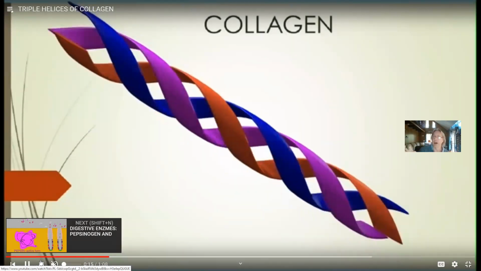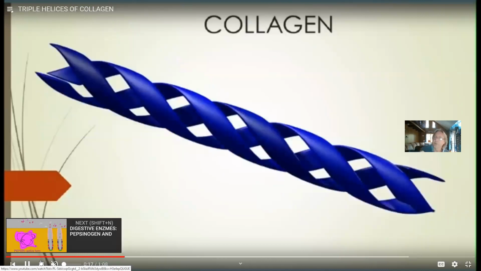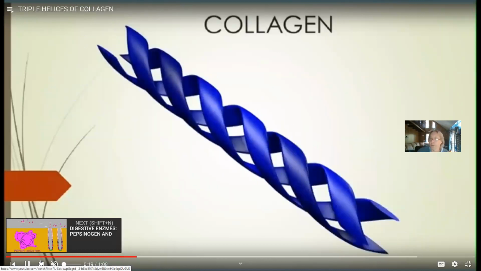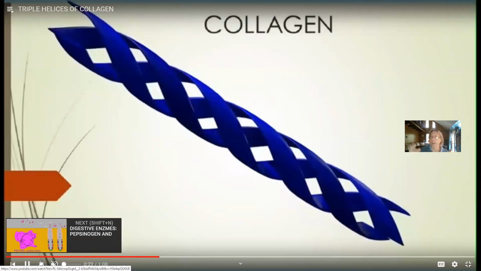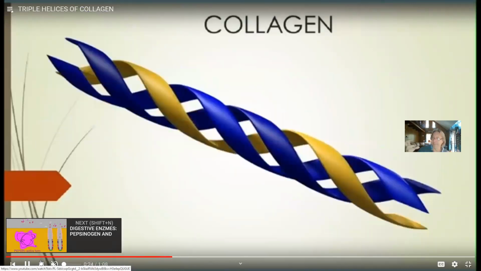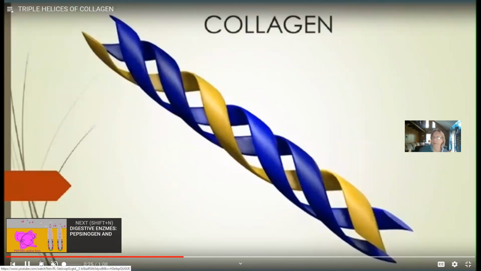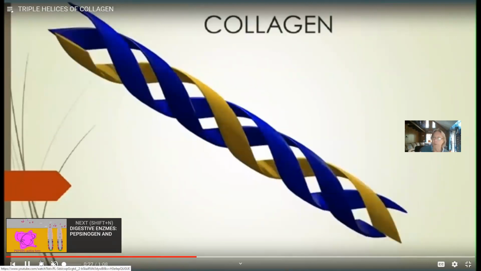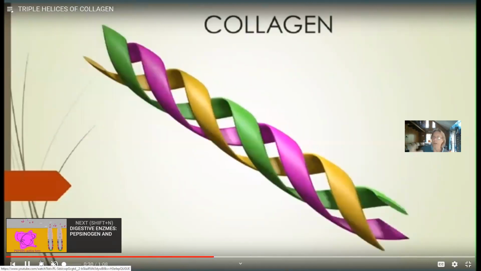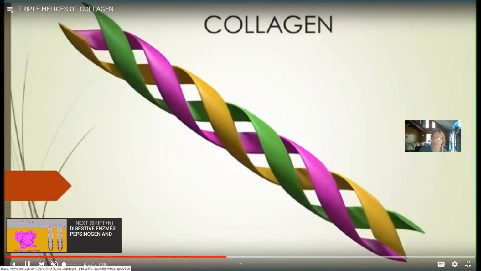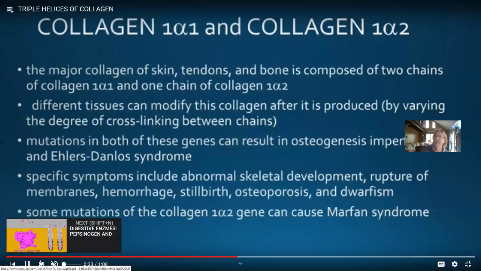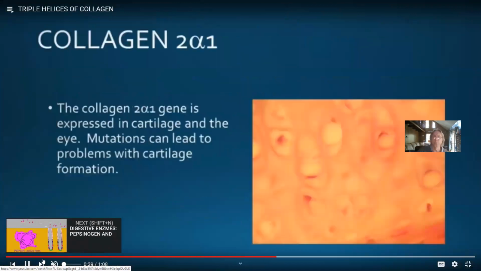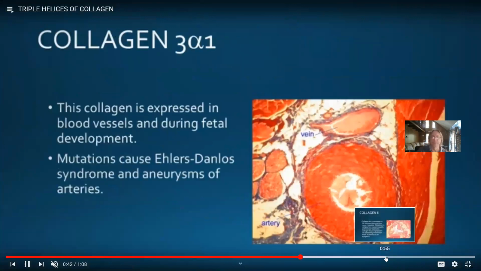So you could have different subunits form. So what does your hemoglobin look like? Well, if you make beta hemoglobin and you fuse it with alpha hemoglobin, that's one thing. But if you make gamma hemoglobin, now you're making fetal hemoglobin. So you can have different subunits fused together. There are lots of different collagen genes. Which collagen subunits you use can then make the collagen that you find in cartilage versus blood vessels, etc.